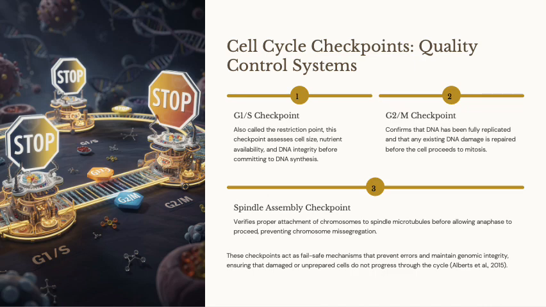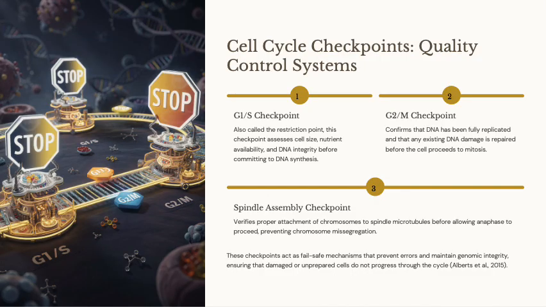If DNA damage is detected, the checkpoint prevents entry into S phase until repairs are completed. This checkpoint plays a crucial role in preventing mutations from being passed on to daughter cells. Loss of proper G1/S checkpoint control is a common feature in cancer cells.